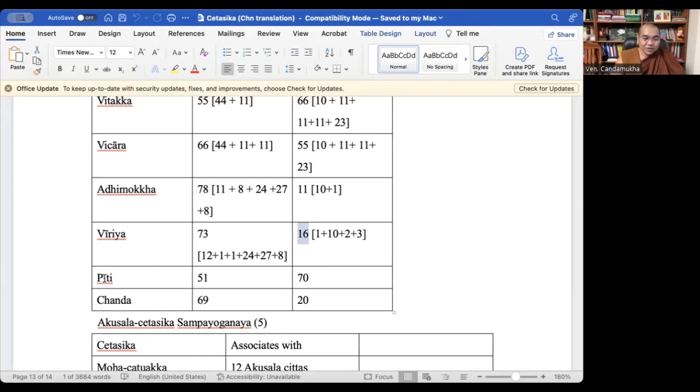So then naturally Piti is rapture or joy. That's why naturally it does not associate with the two Dosa-mula Citta, angry mind. And also neutral, the Upekkha-sahagata Citta.